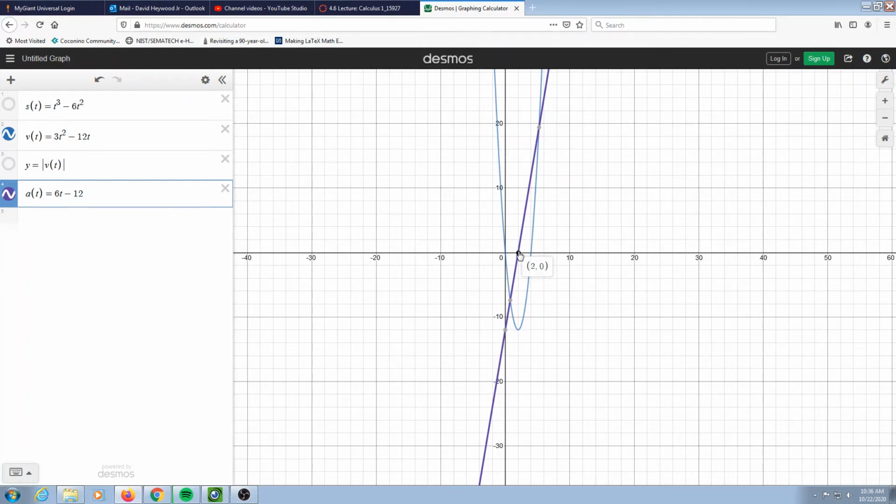From 2 to 4, the acceleration is positive, but the velocity is negative.